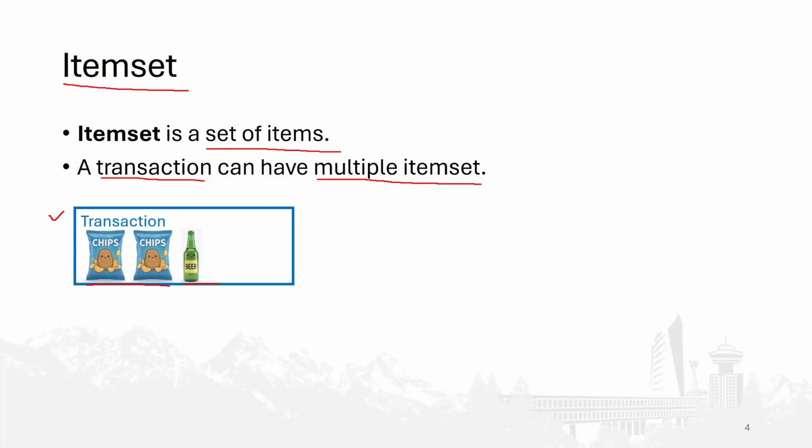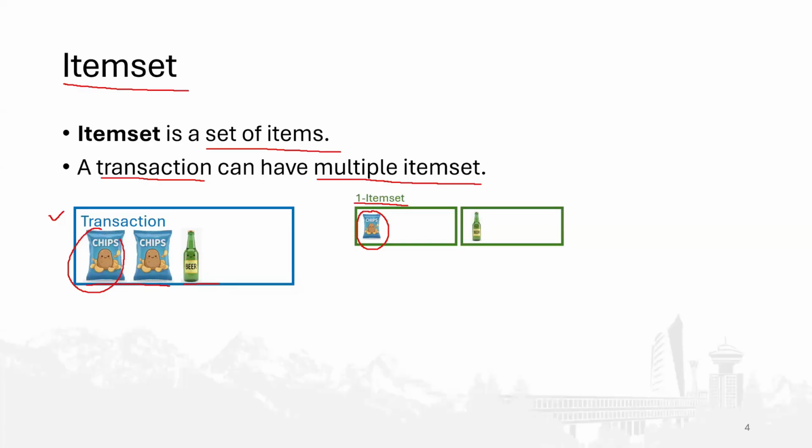When we talk about item sets in a transaction, that is any possible combination of items. For example, one item set only contains one item: chips. Another one-item set is beer, since we also have beer in this transaction.